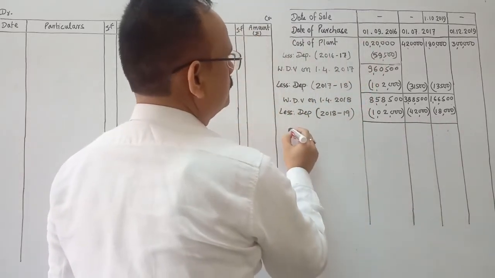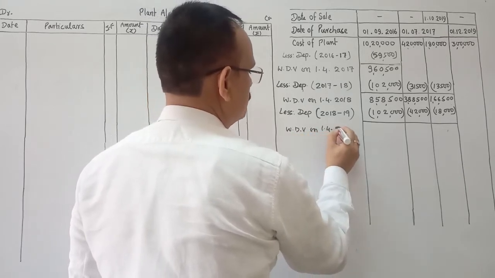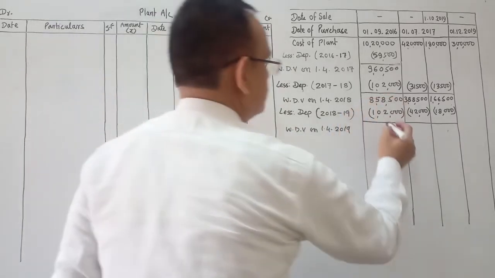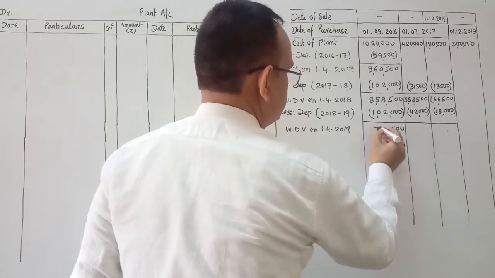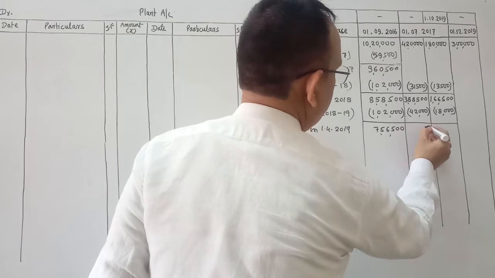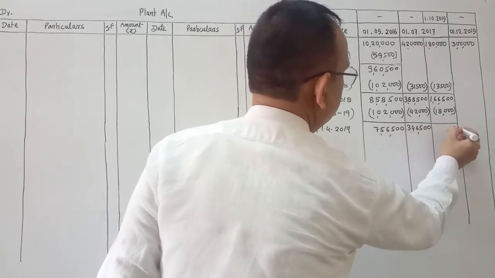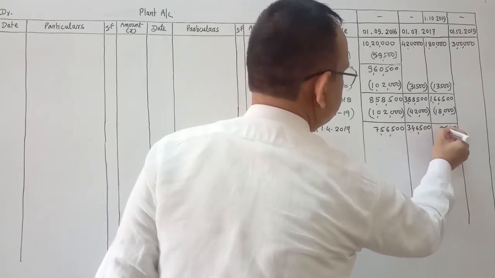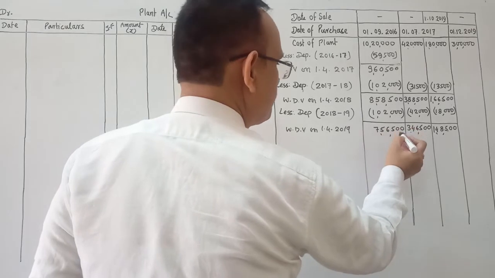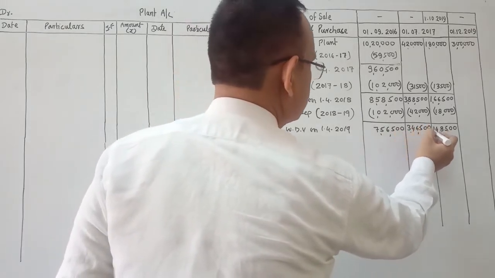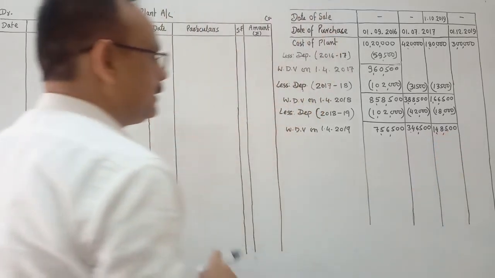So the written down value on 1st April 2019: 7,56,500, 3,46,500 and 1,48,500 after deduction.